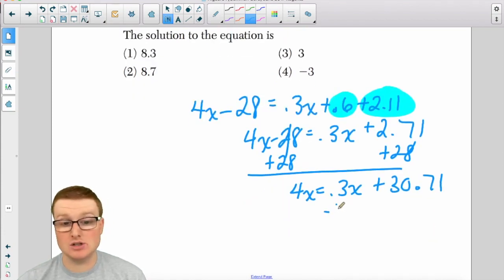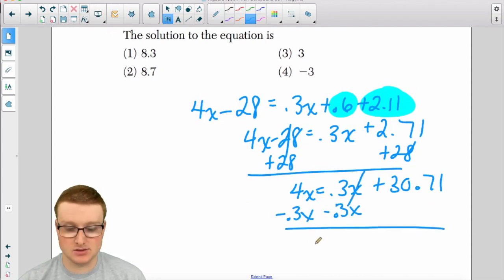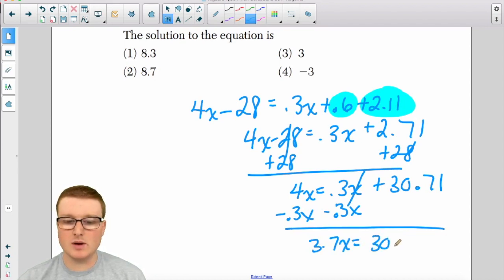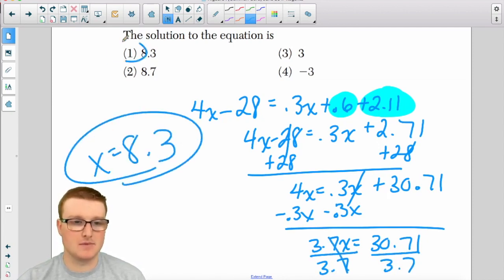And then I'm going to subtract the 0.3x on both sides. That cancels. We get 3.7x is equal to 30.71. Divide by the 3.7 on both sides. And we get a final answer of x is equal to 8.3. Your answer is choice 1.